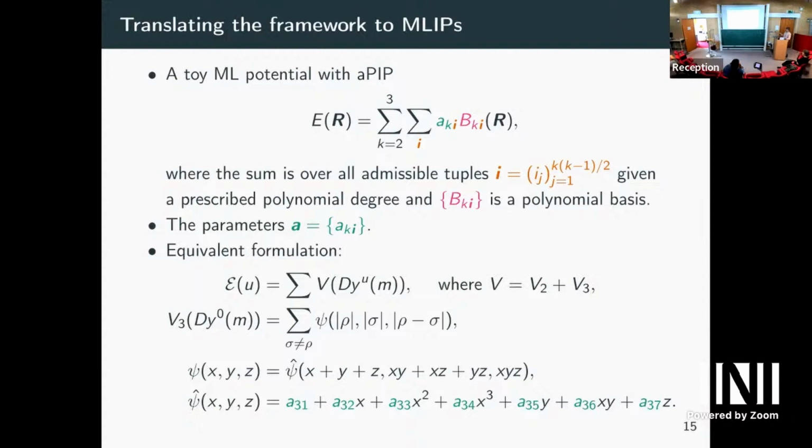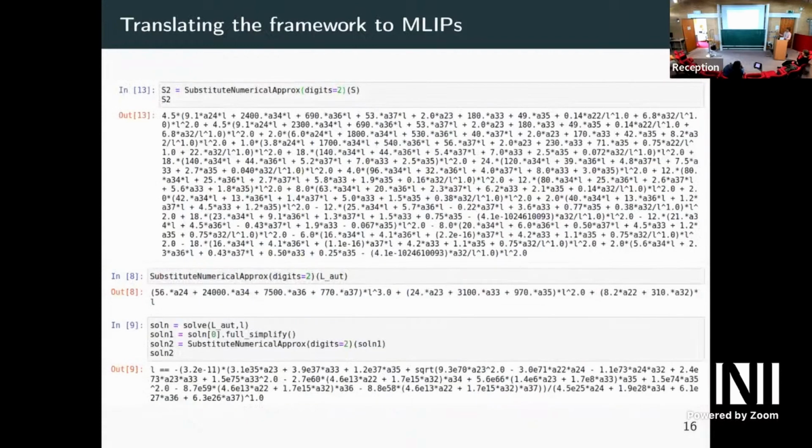It's a cubic polynomial, and then if you try to do this framework, then you end up with a mess like that, which basically tells you that if you want to model a crystalline body and you have a machine learning potential, it's very messy.